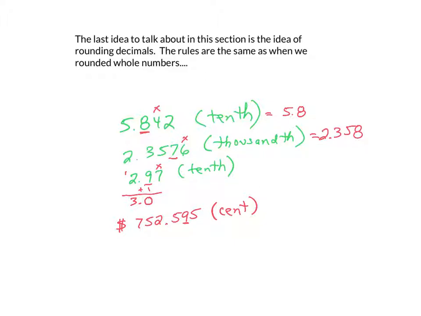Cent means hundredth. So I'm going to underline the 9 and put an X by the 5. Because the number underneath the X is 5 or greater, I'm going to add 1 to the hundredths place. But when I do that, I'm going to have to add 9 plus 1, get 10. I'm going to have to regroup, and I'm going to get 60. So to the nearest cent, my answer would be $752.60.